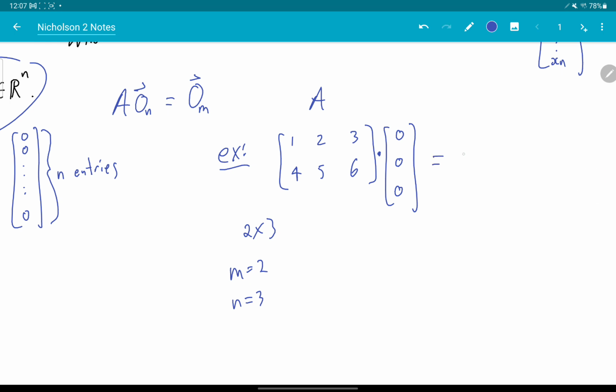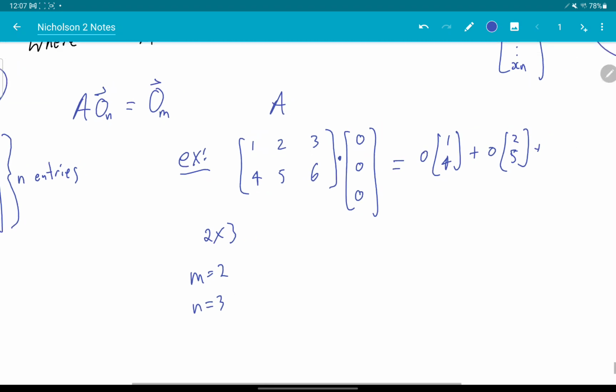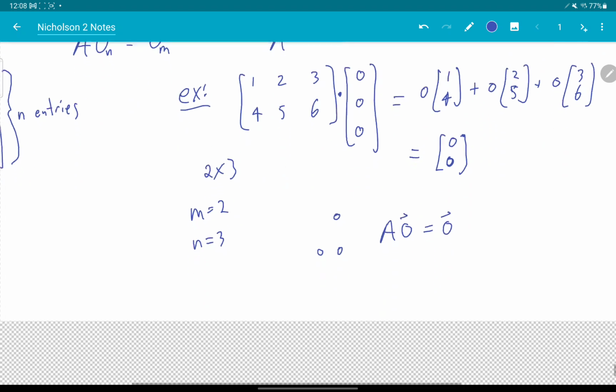And then when I work this out, I'm going to get 0 times 1, 4, plus 0 times 2, 5, plus 0 times 3, 6. So I get the two-dimensional zero vector. So hopefully you see in general that A times the zero vector is always the zero vector.